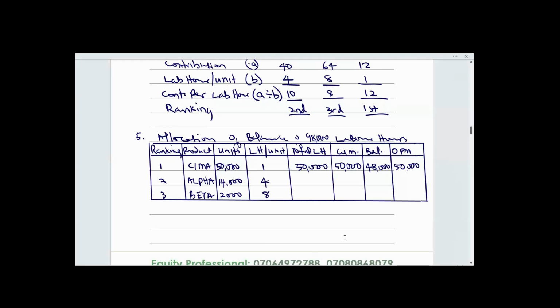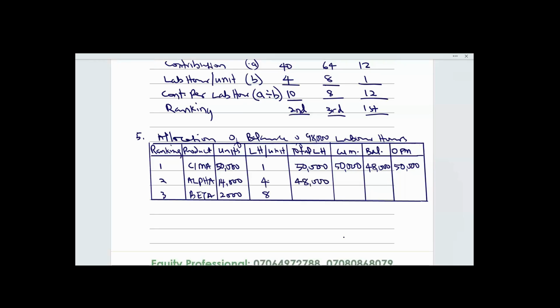No. So out of 98,000 labor hours, we have allocated 50,000. We have a balance of 48,000. However, Alpha is asking for 56,000 hours. We don't have 56,000 hours. We only have 48,000 hours. Therefore, you have to restrict to what you have because you cannot give what you don't have.